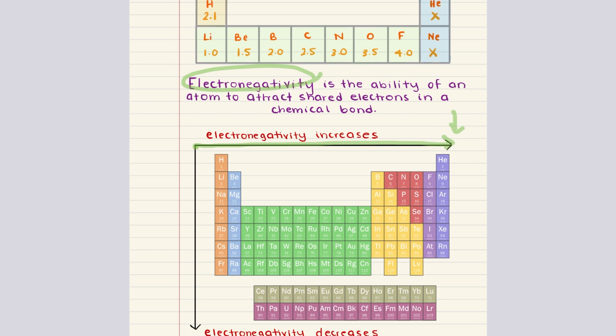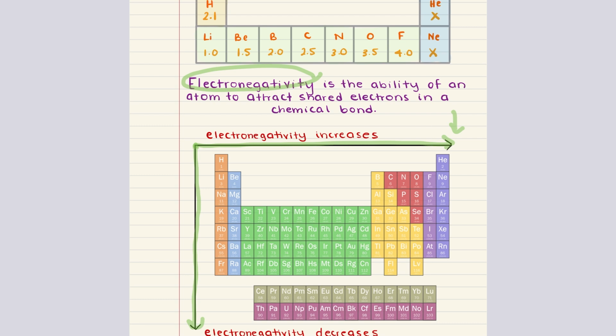In addition, electronegativity decreases down a group as you move from top to bottom. This happens because atomic size increases, meaning the valence electrons are farther away from the nucleus and they experience more shielding, and that's going to reduce the nucleus's ability to attract bonding electrons.